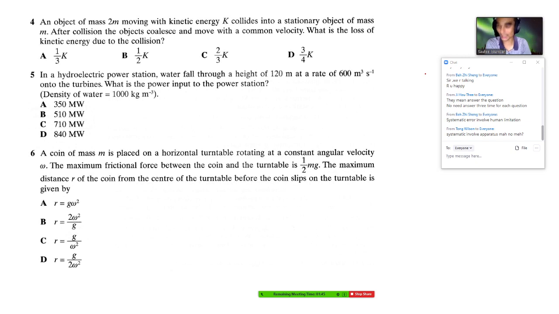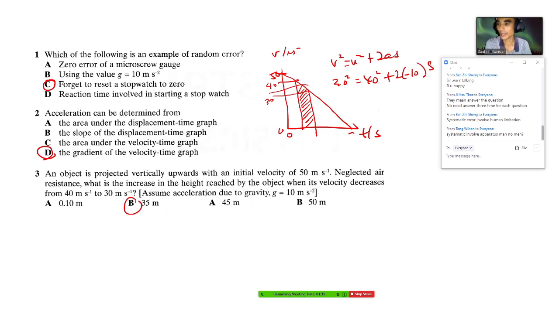Yeah, it could be D, but the most obvious is C. Reaction time involved in starting a stopwatch: because you are involved, you are the one making it. In general, D also can, but C is much more obvious. Forget to reset the stopwatch to 0.